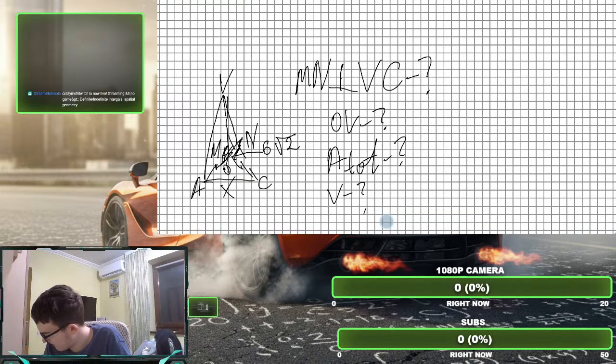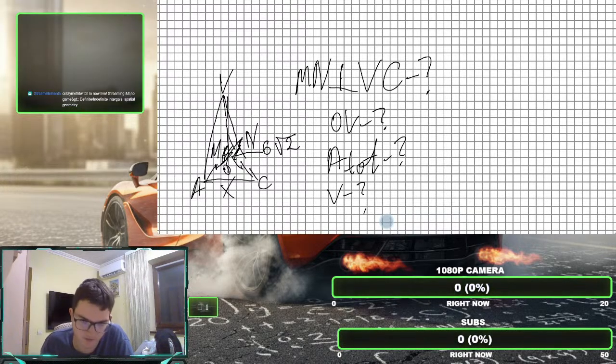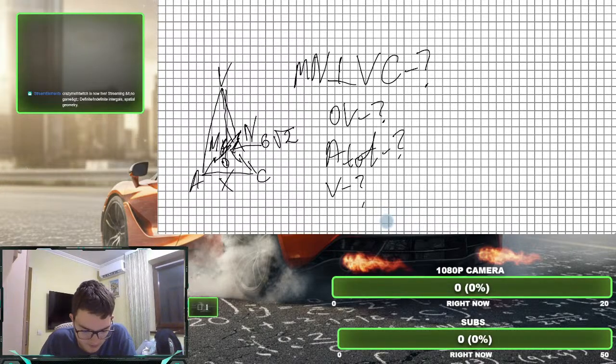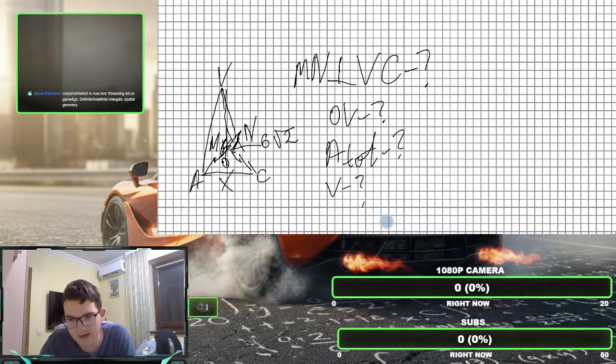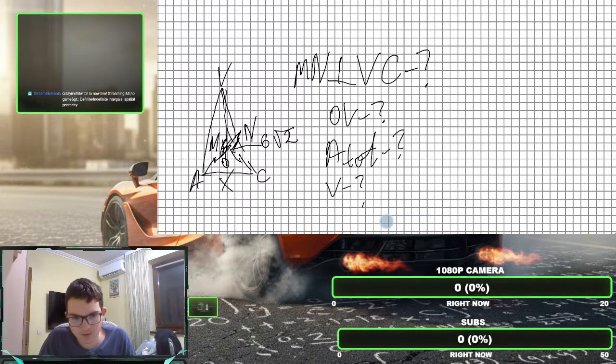How am I supposed to find something? MN is 6 square root of 2. And why does that matter? Why does that matter? I guess there's some kind of formula, MN on AC equals with K. I don't know any of that. I don't know what to do here.